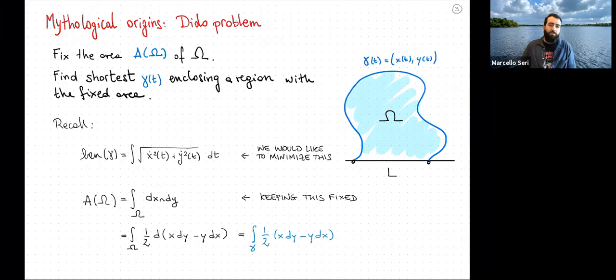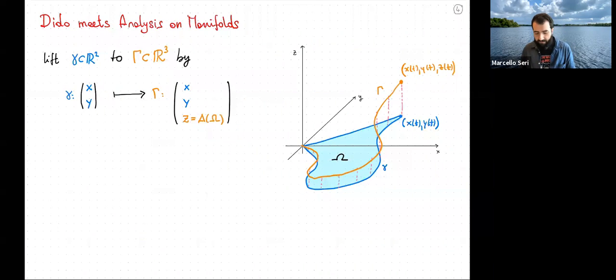Why would we want to do that? For one, we moved from considering both big omega and small gamma to just having small gamma appearing in all the formulas. So at least we simplified the problem a bit. But it's still not enough. It's not flexible enough yet. So what we can think of is making this area an additional variable.